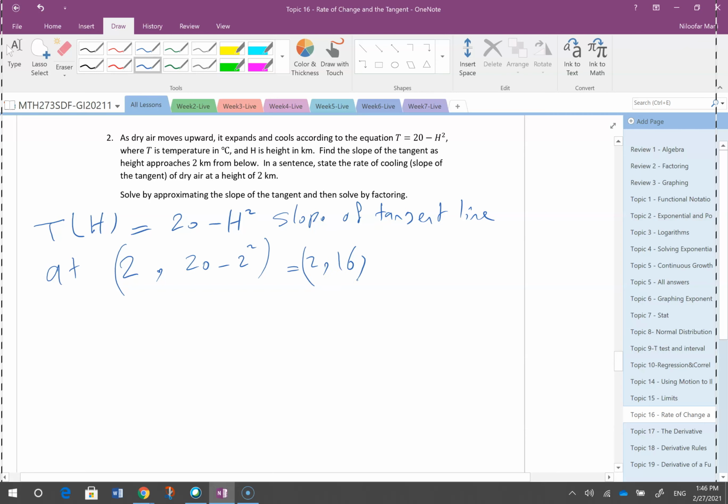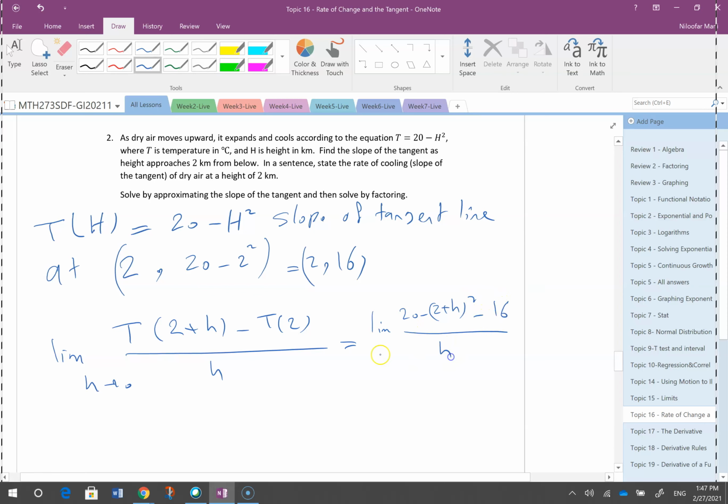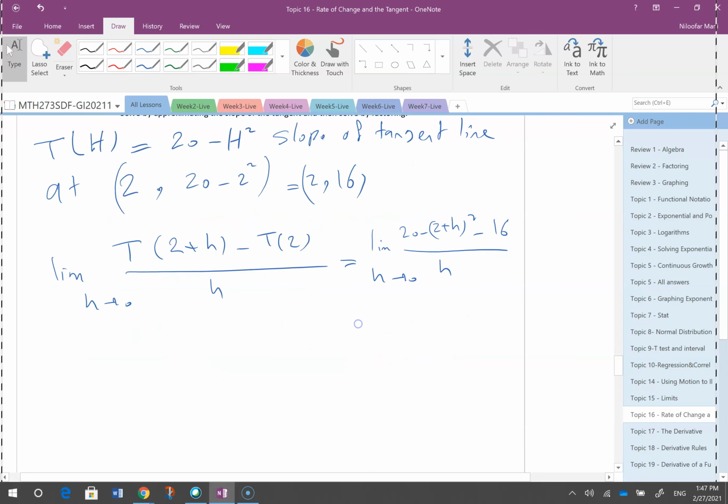So it is the limit of T(2 plus h) minus T(2), divided by h, as h goes to 0. Which is the limit of 20 minus (2 plus h) squared minus 16, over h, as h goes to 0. If I substitute h equals 0, it is 0 over 0.